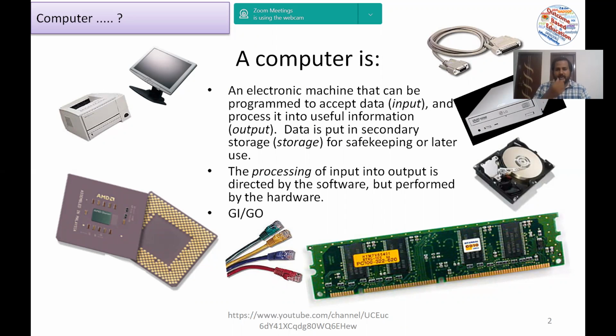For example, you are using a calculator: you give the numbers and the operator, addition or subtraction, and it will process whatever operator you have used and finally give you the required output after computing the numbers along with the operator. So this is what the computer does.